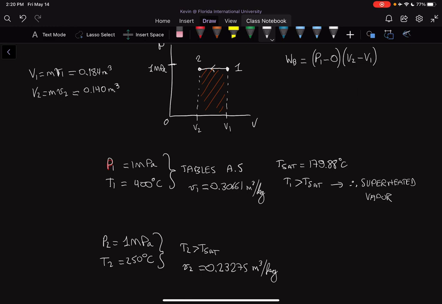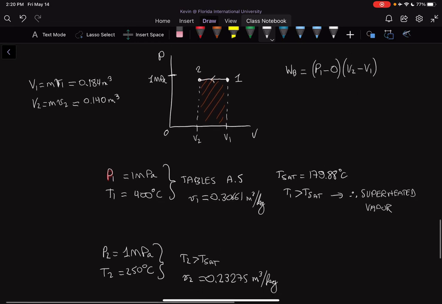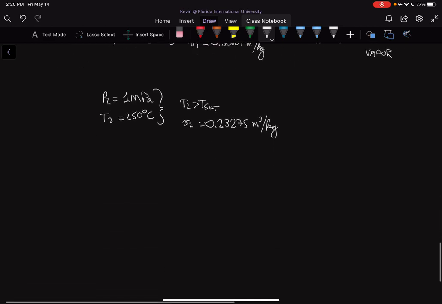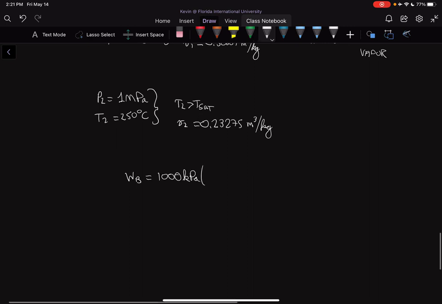And so now we have all the information available for us to solve the problem. We know that work boundary is equal to P1 minus 0 times V2 minus V1. So we can plug back into this equation: work boundary is equal to P1, so 1,000 kilopascals, multiplied by V2 minus V1, which is 0.184 meters cubed minus 0.14 meters cubed.